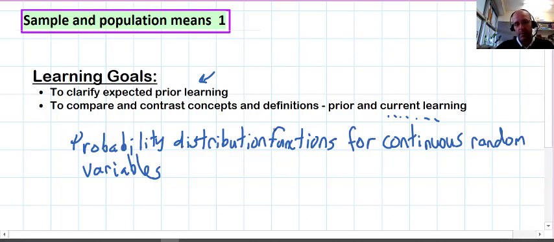With these probability distribution functions, we might be talking about PDFs, probability density functions, normal distributions.